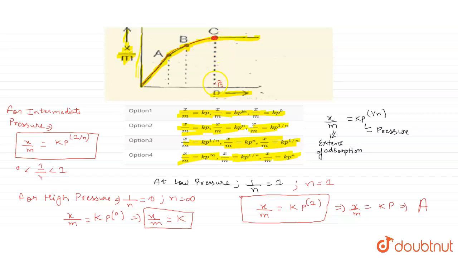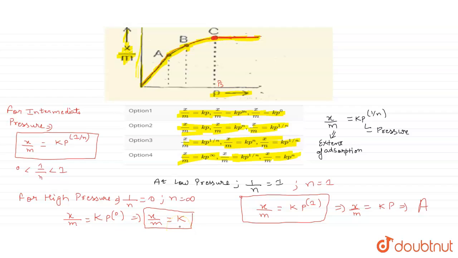And after this particular pressure, that is the saturation pressure, this x by m, that is extent of adsorption, does not depend on the pressure. You can easily see that after this saturation pressure the x by m remains constant.